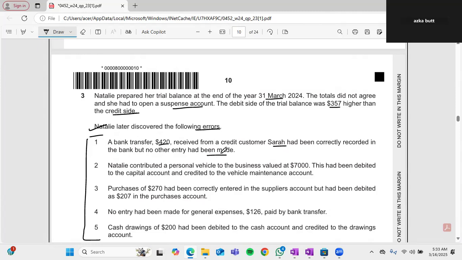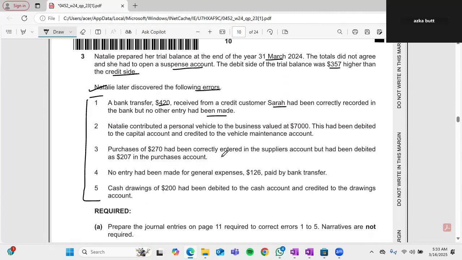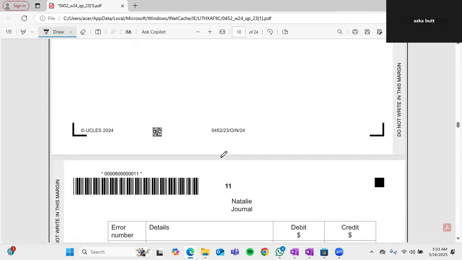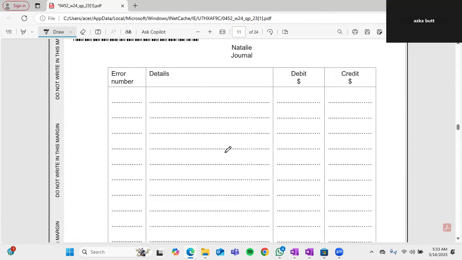That's why we will be crediting Sarah. And on the debit side, where there is nothing, we will be writing the suspense account. So suspense will debit with 420 and Sarah will credit with $420.